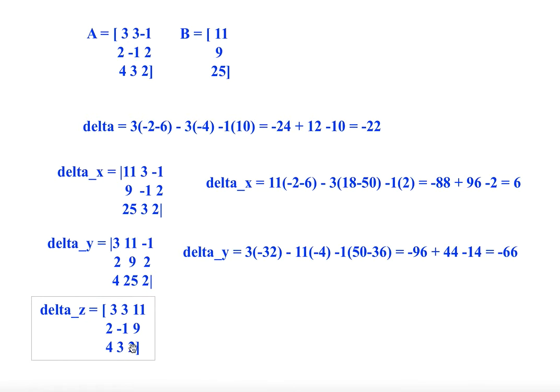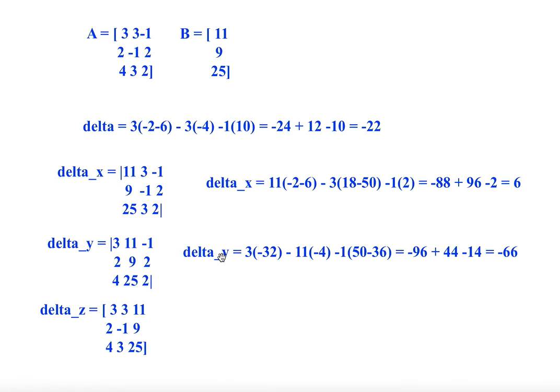The last one is going to be 25. Okay. So that is no problem. This element also we need, right? Okay, fine. Now delta z.